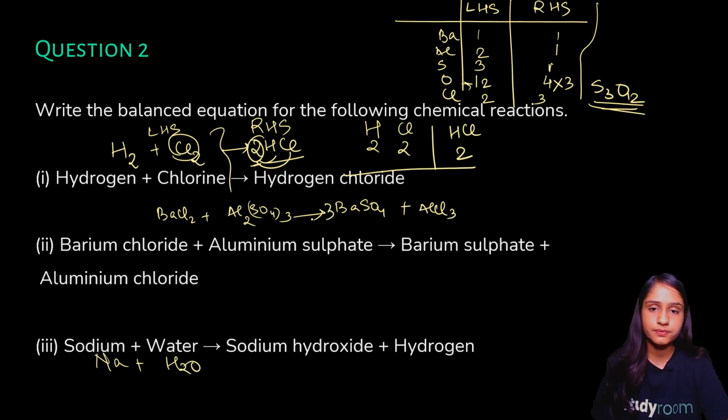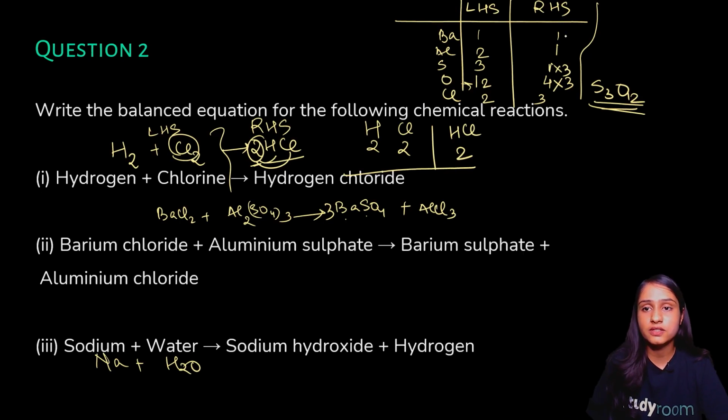Add 3. When you add 3 here, check if the numbers of other atoms got disrupted or not. So you balanced oxygen, check sulfur and barium. Sulfur on the left hand side was 3. It got 3 because we added 3. So the sulfur is balanced also.